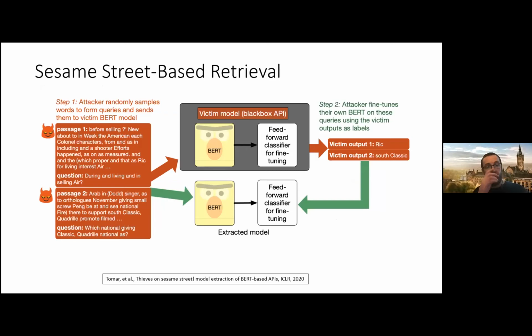Okay, so I sneaked this one in just at the end because there's been a lot of interest building up recently in the literature relating to BERT-like models, commonly known as these Sesame Street-based models.